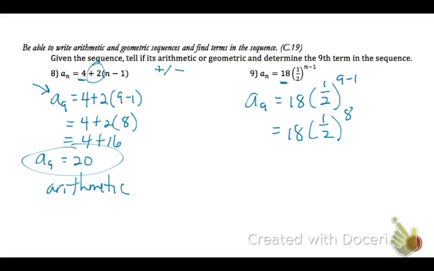And then if a problem starts out as a fraction, we want to end it as a fraction. So our decimal answer is this. And then I'm going to let my calculator help me look at that as a fraction. So as a fraction, it is 9 over 128. And this is a geometric sequence because of the multiplier.